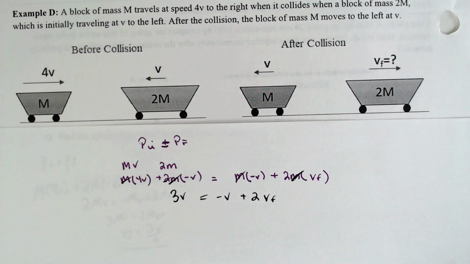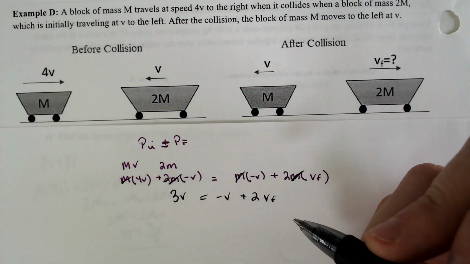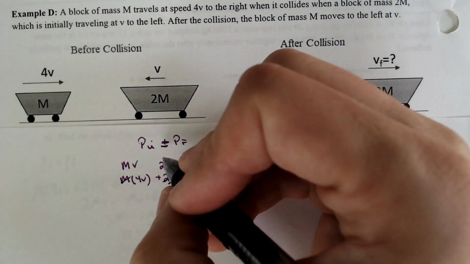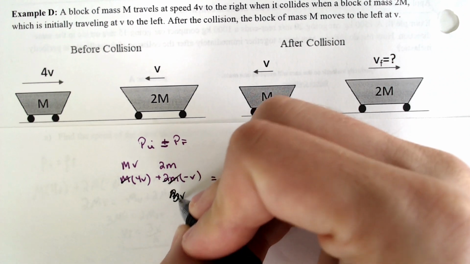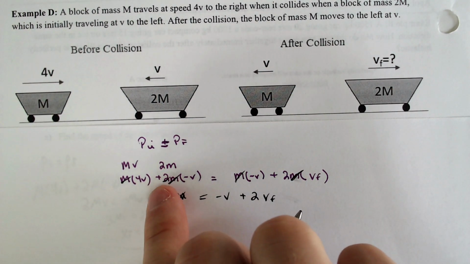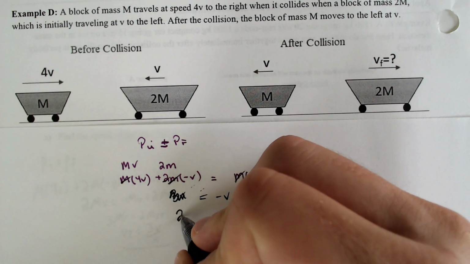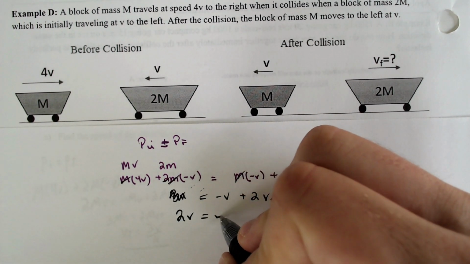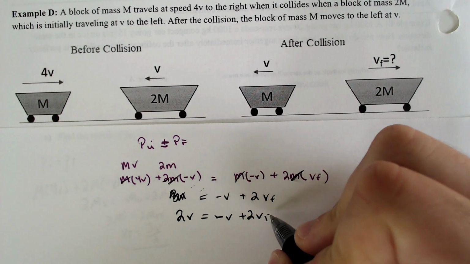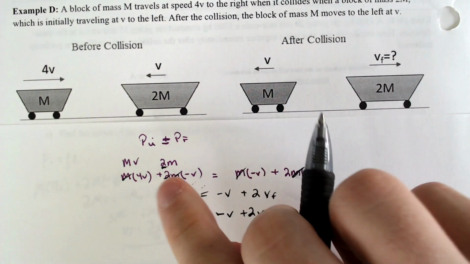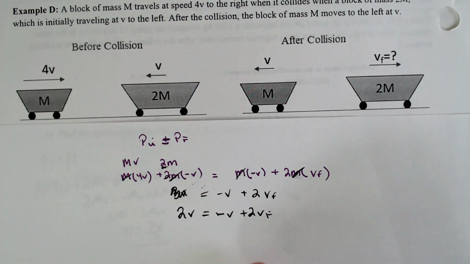Oh, I forgot my 2. This is not 3v. This is 4v plus minus 2v, which ends up being 2v equals negative v plus 2vf. Excuse me, see how I forgot the 2? It looked like I canceled the 2 out. Apologies.